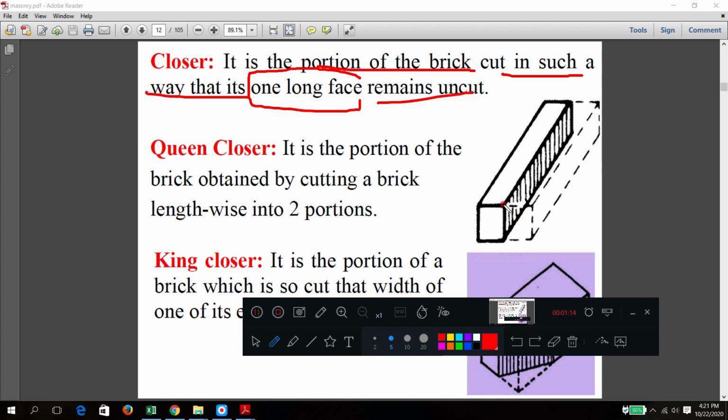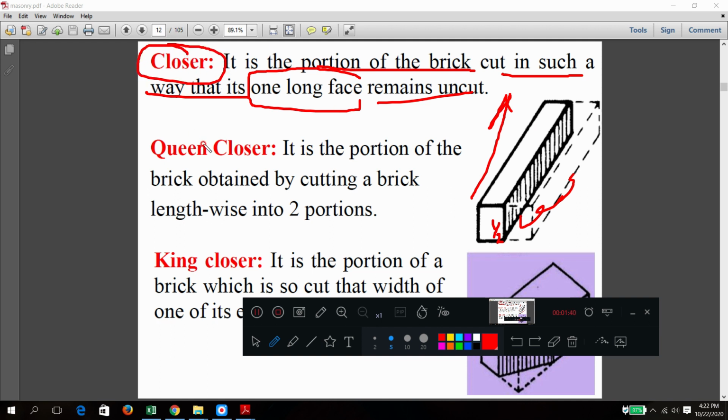Here you are cutting widthwise. Can you see? Length is kept the same, and only this width portion, this dotted line, is cut and removed. Only half of the width is remaining. This type of cutting of the brick or the stone, we call closers.